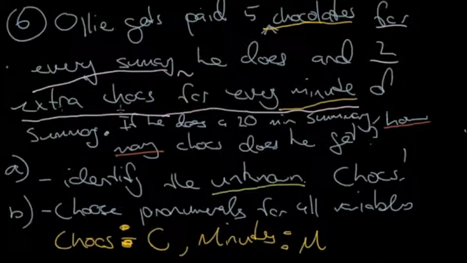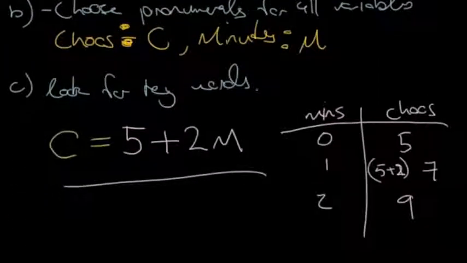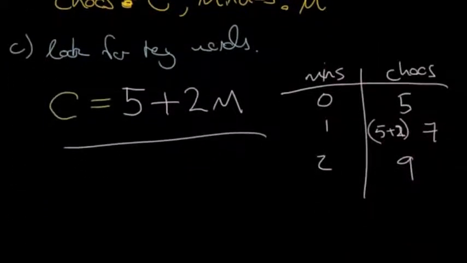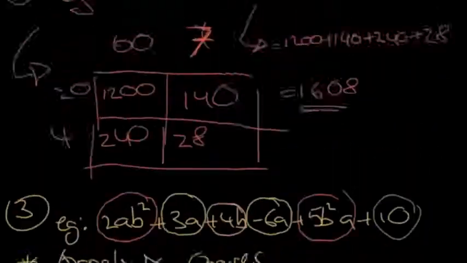So for every minute, we get 2 extra chocolates. So minutes changes with chocolates, or chocolates changes with minutes, should I say. So we identified the unknown, chose the pronumerals, and then we looked for keywords. It's going to take a little practice, but those steps should hopefully help you sort that out.